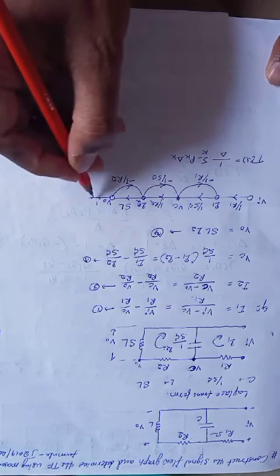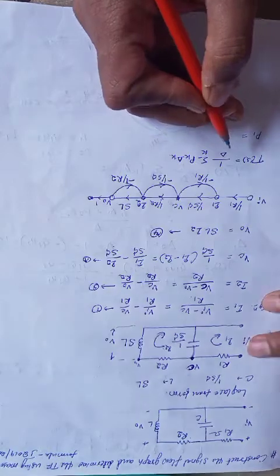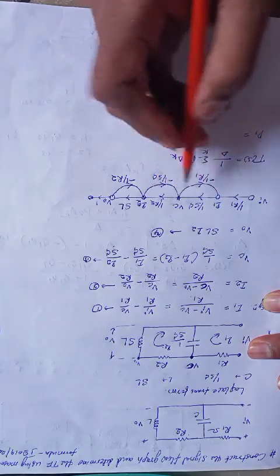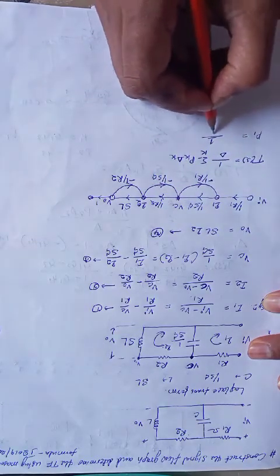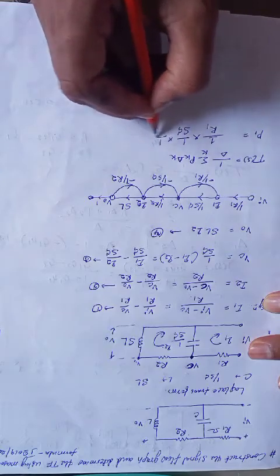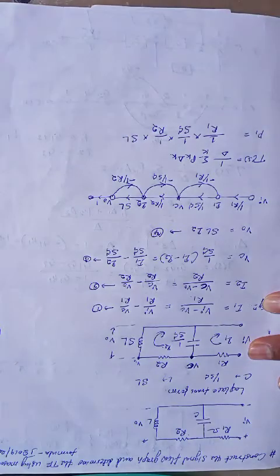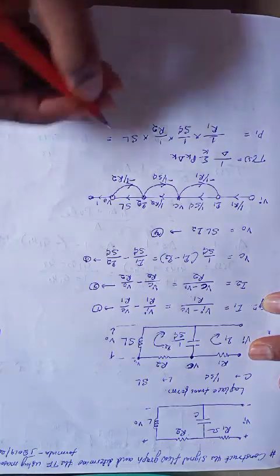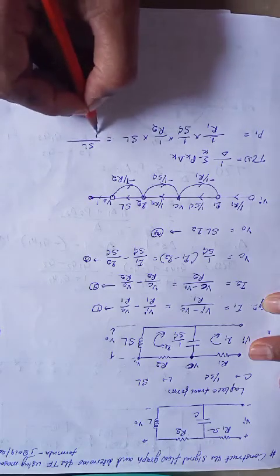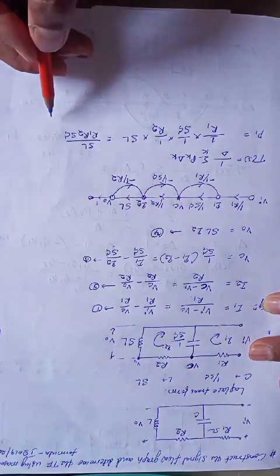Here there is only one forward path and its gain is P1 equals, multiply this, then you will get 1 upon R1 into 1 upon SC into 1 upon R2 into S into L. That is nothing but SL divided by R1 R2 S into C. This is the forward path.